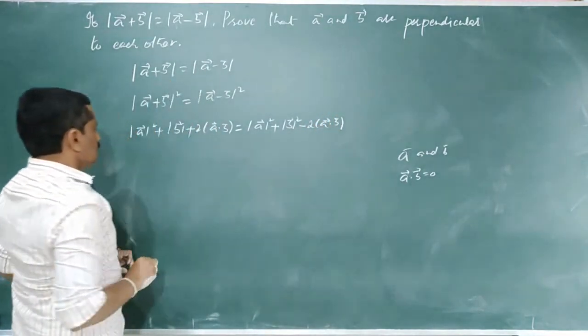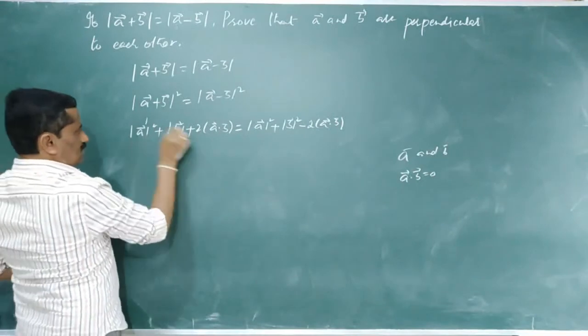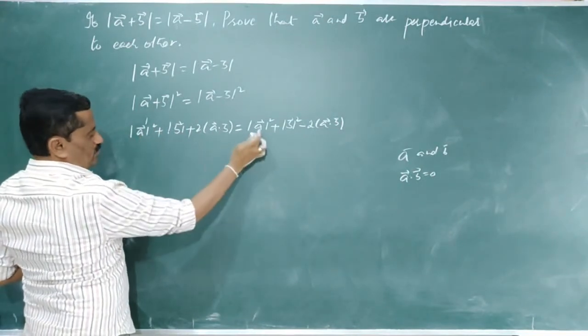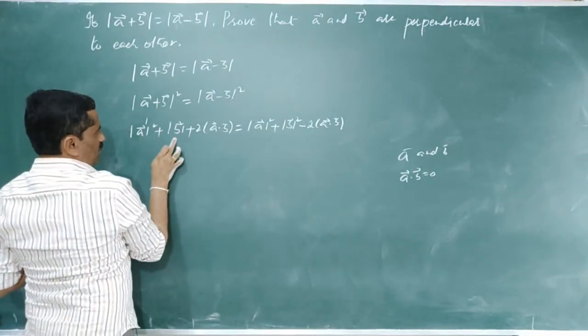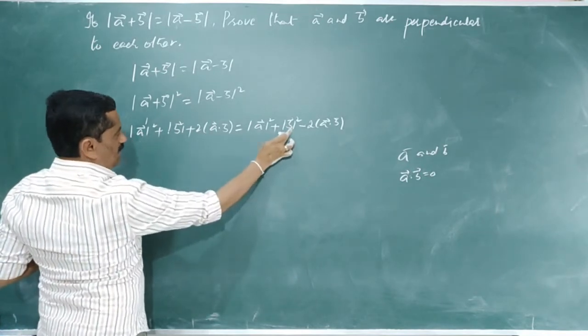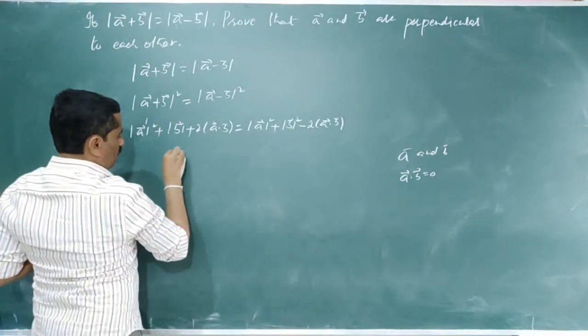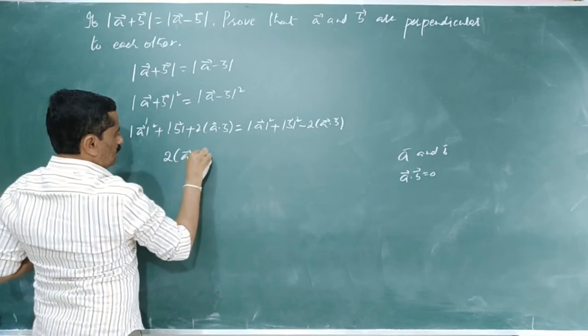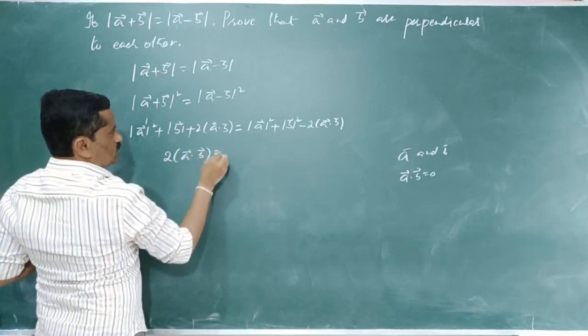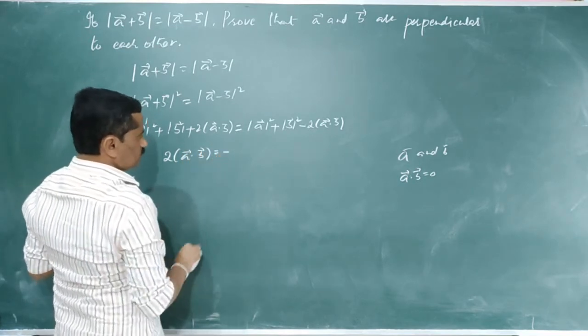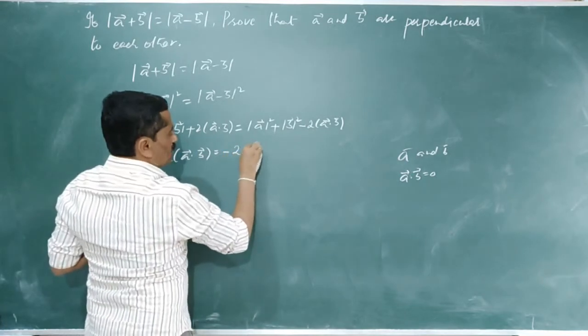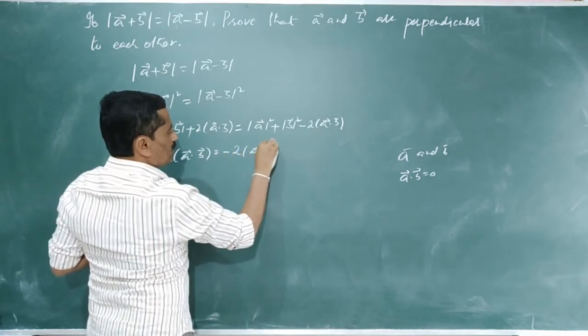Okay, so now magnitude of a bar whole square and magnitude of b bar whole square get cancelled. We have 2 of a bar dot b bar is equal to minus 2 of a bar dot b bar.